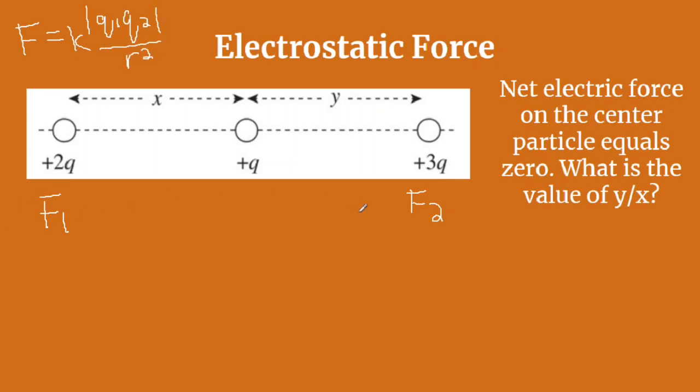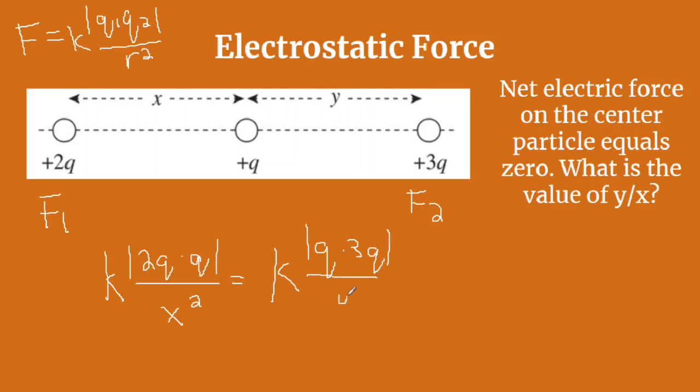If F1 and F2 cancel out, then they have to be equal. So we're going to have 2 different versions of this equation. K, and then what are the 2 charges in this relationship? They are 2Q and regular Q over the distance is x squared equals this relationship, which is K Q dot 3Q over y squared.